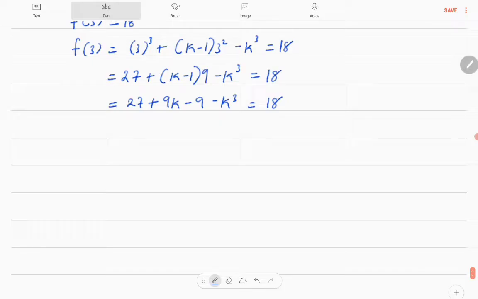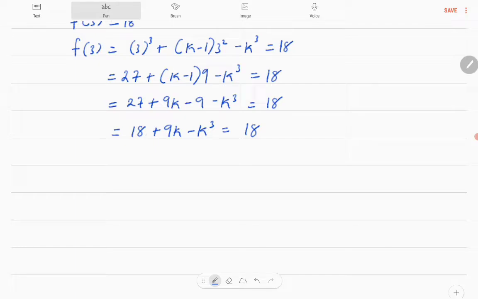When you collect like terms, you have 27 minus 9, that's 18, plus 9k minus k³ equals 18.